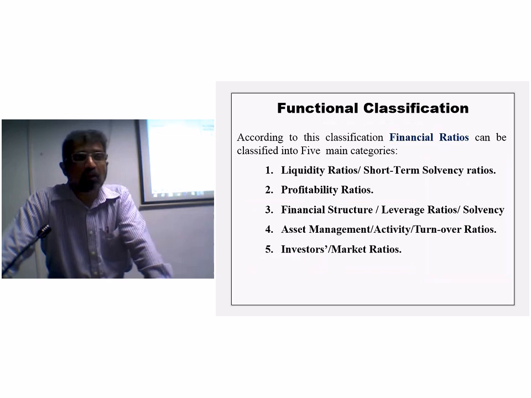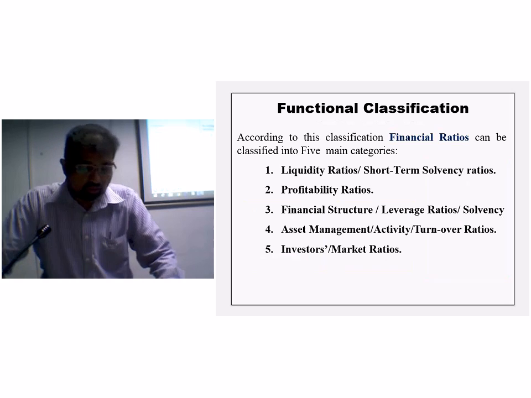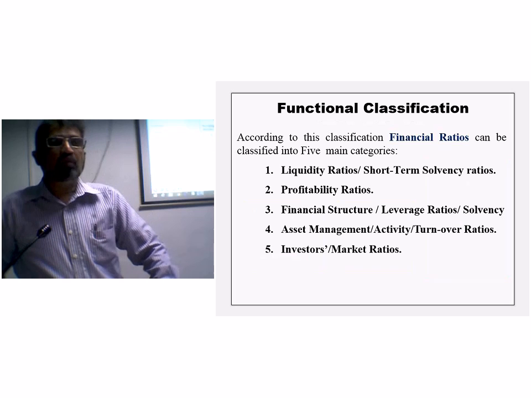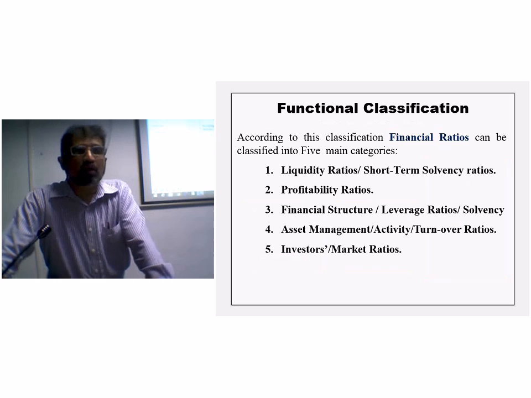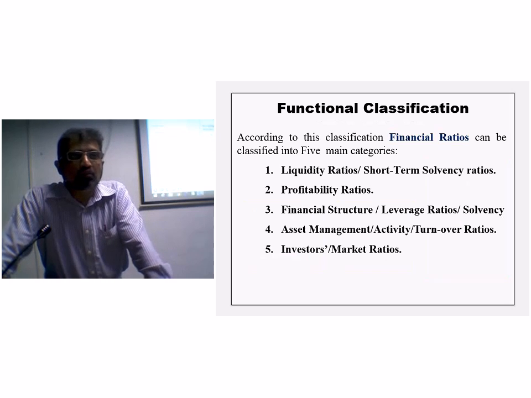But here we don't have any particular method for categorizing ratio analysis. But in the generally accepted categorization, previously we used profit and loss account ratios, balance sheet ratios, likewise. Then we can see that type of classification.